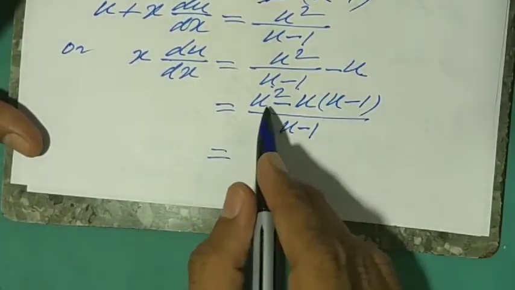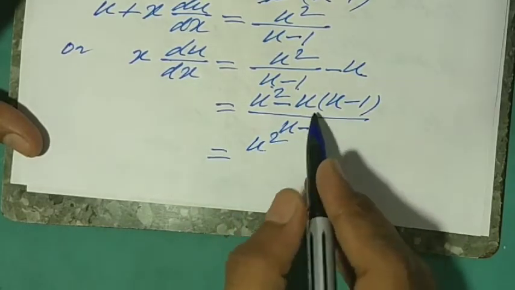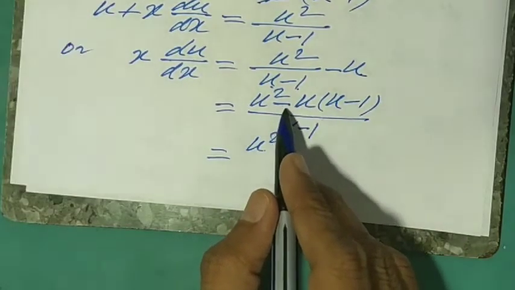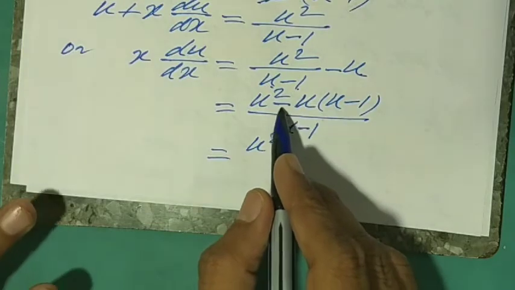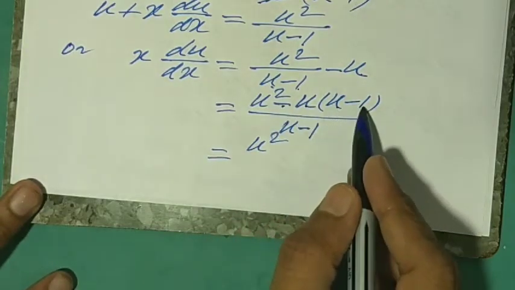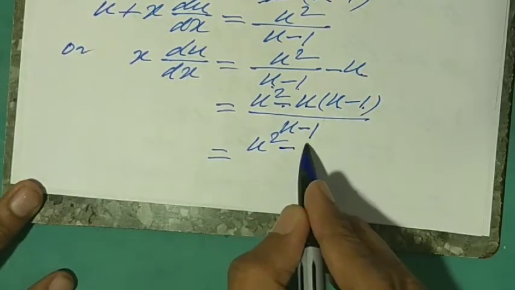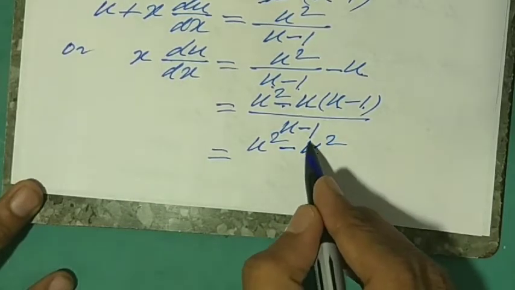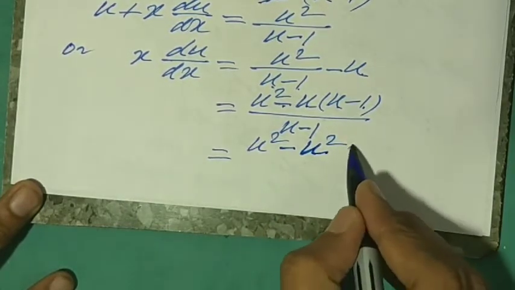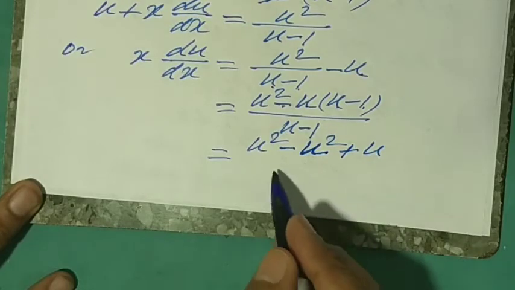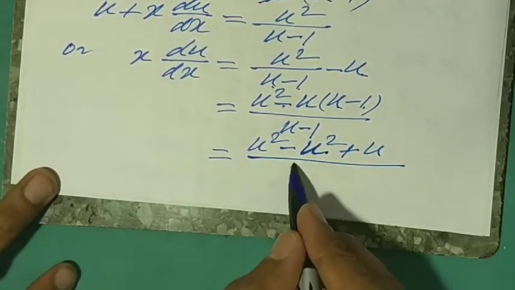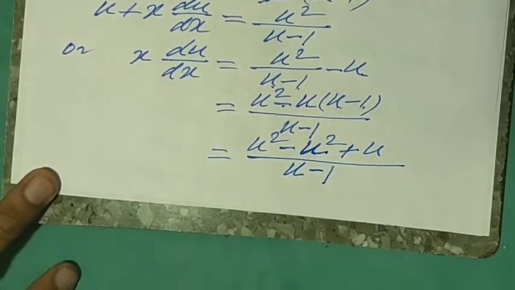Now further simplifying, open up the bracket, or you may say multiply by minus u both the terms, we get u square minus u square plus u, divided by u minus 1.